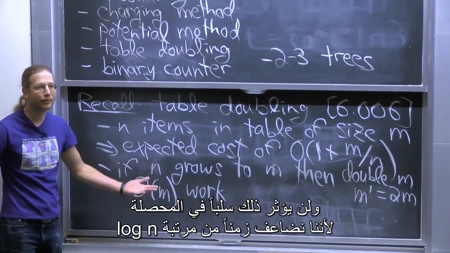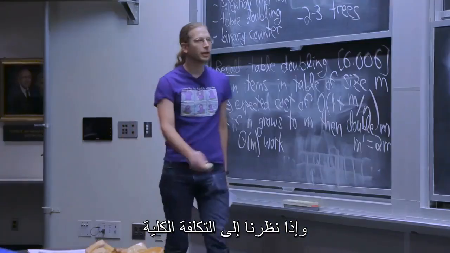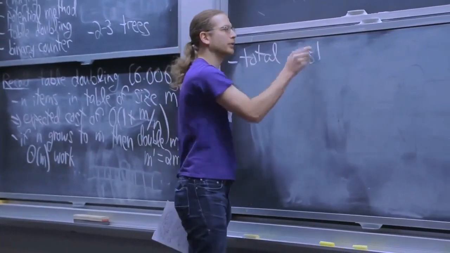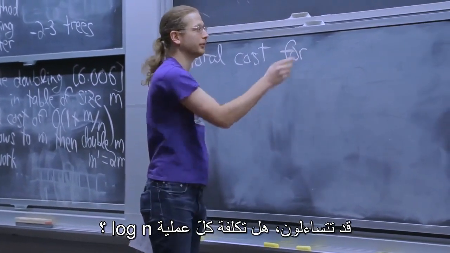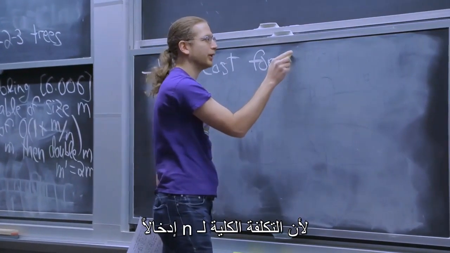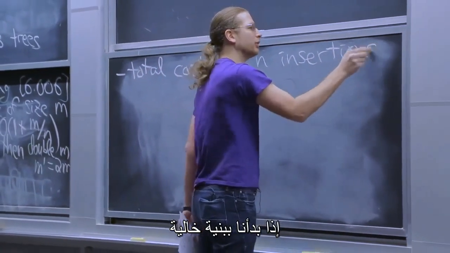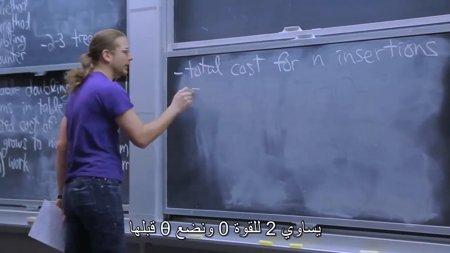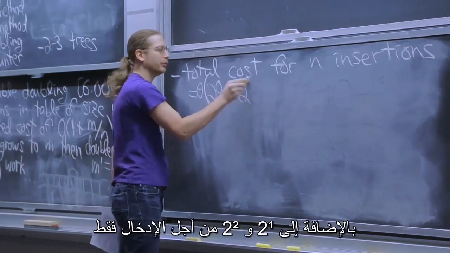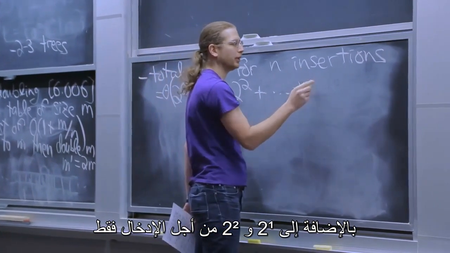But overall, it's not going to be bad because you only double log n times. And if you look at the total cost, maybe you think, oh, is it log n per operation? But it's not so bad, because the total cost for n insertions starting from an empty structure is something like 2 to the 0, 2 to the 1, 2 to the 2, up to 2 to the log n. This is the big theta outside. If we're only doing insertions, this is great.